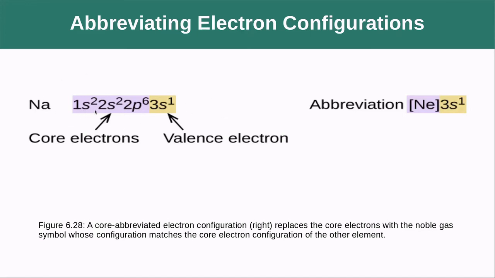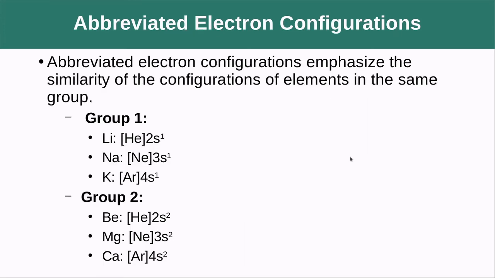Then you can see the beginning of this, all its core electrons, the ones that don't have the highest principal number, are the same as the electron configuration for neon. So I will abbreviate it by replacing this whole first part with neon, and then only writing out the valence portion after it. Here's some more examples using various different compounds, and this abbreviation using the noble gas.